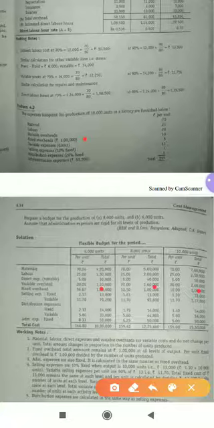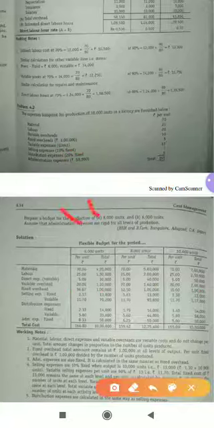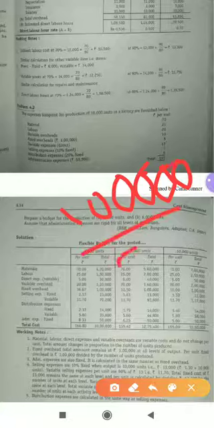So here the total will be same, but the cost per unit will change. How do you have to calculate? 1 lakh divided by how many units? 6,000. If you do, you will get 16.67. And next 1 lakh divided by 8,000, if you do, then you will get 12.50.